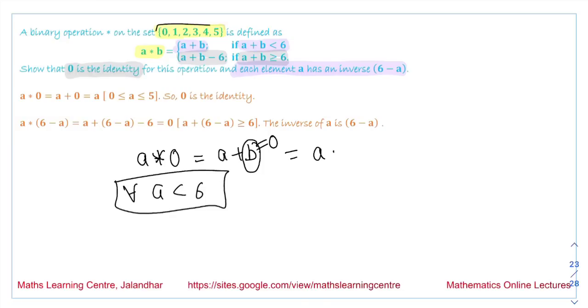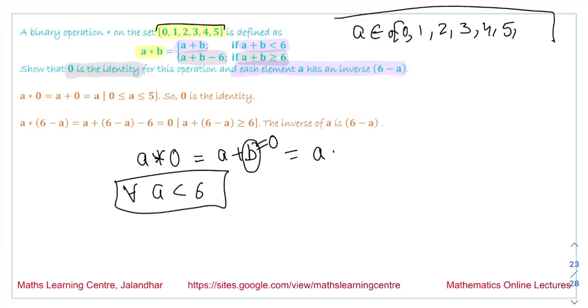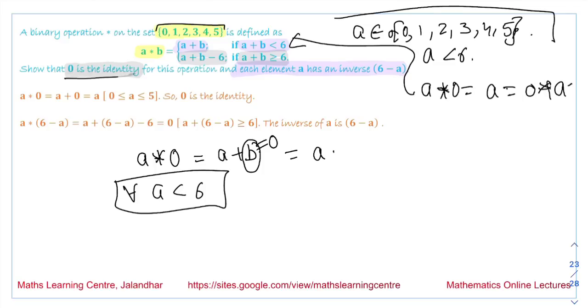A can take the values 0, 1, 2, 3, 4, 5, and 6 is not included here. So A is always less than 6. So A star 0 is equal to A, that is equal to 0 star A. So we have proved that 0 is the identity element.